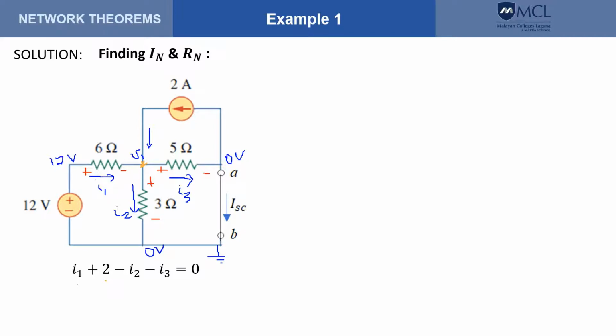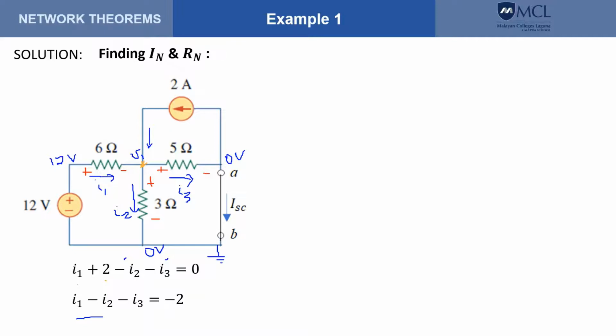I sub 2 is leaving that node, and I sub 3 is also leaving that node. We simplify the equation, and that will give us this expression.